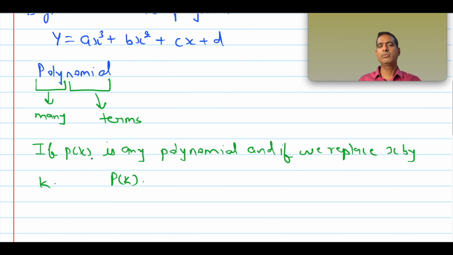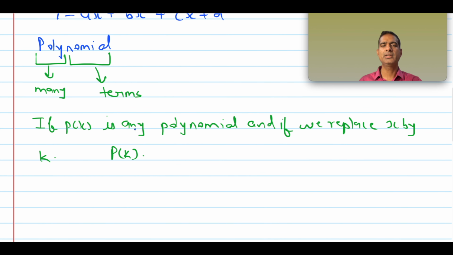So to find out the value of any polynomial at any given value of the variable, we replace that variable by that given value. And there is a special case.